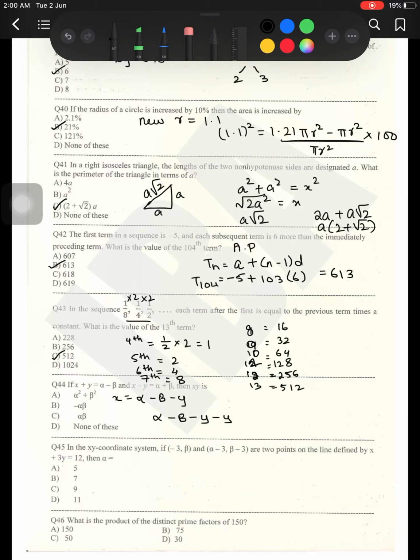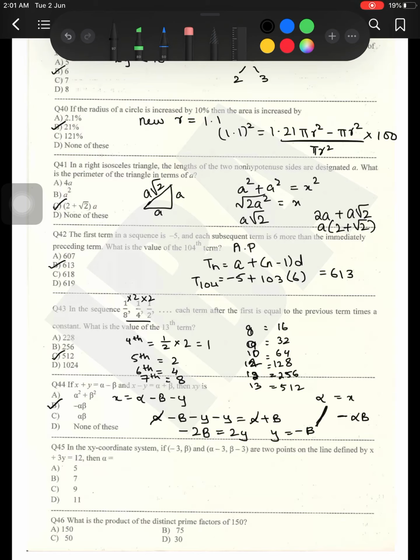So it's going to be this minus this minus this minus this, and this plus this. So we know that this will cancel out, and this will be minus 2, and this and this would be 2y. So y should be minus this and x should be this. So when you multiply these both, you should get minus this, which is B.